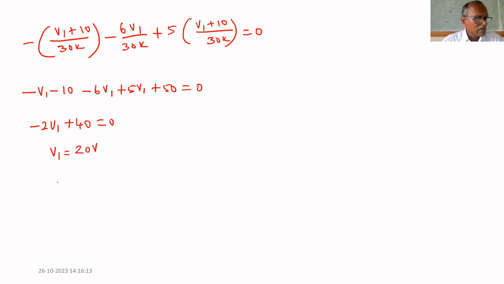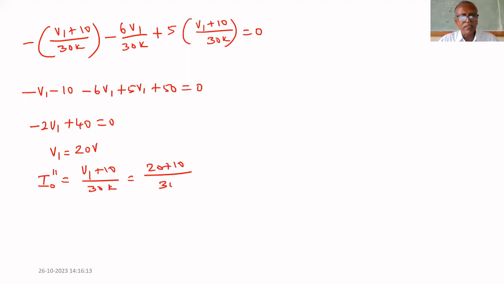Now we can find I0 double dash. I0 double dash equals V1 plus 10 divided by 30K. V1 is 20, plus 10 divided by 30K, equal to 1 milliampere.